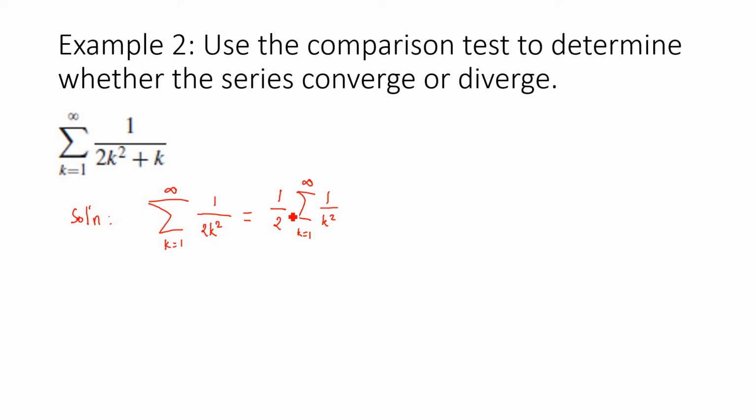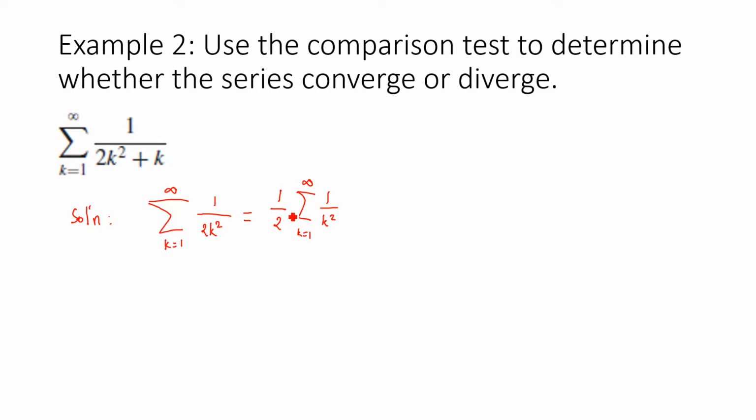So the constant times the convergent p-series, where p is equal to 2. Thus we will guess that the given series converges, and we are going to prove it by finding a convergent series that is bigger than the given series.